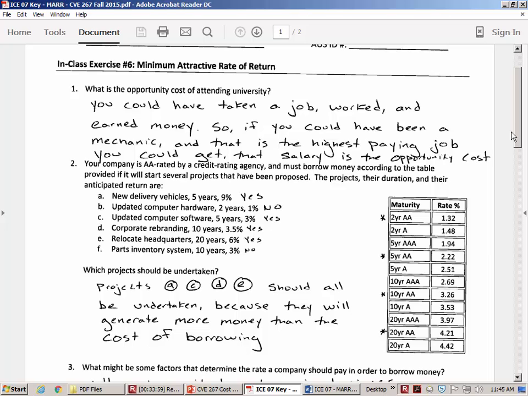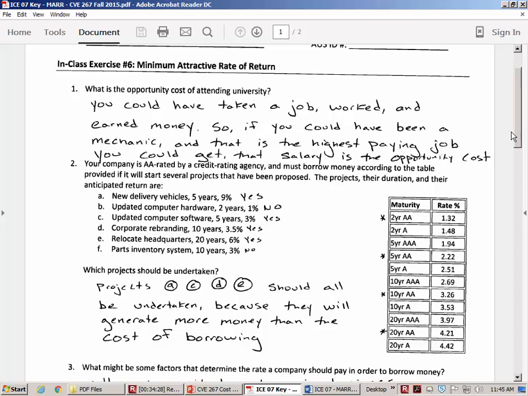You can see that a AAA company only has to pay 1.94% when they borrow money for 5 years. But a AA company has to pay more. They have to pay 2.22%. So what does that tell you between a AA company and a AAA company? Okay, so a AAA company is somehow more stable. Maybe they've been around longer.